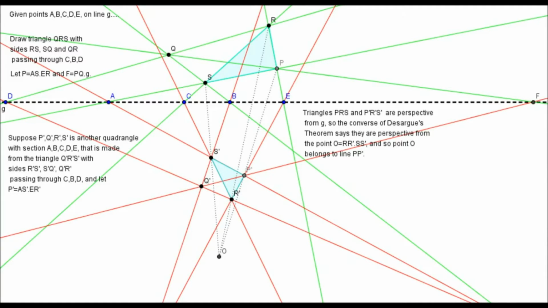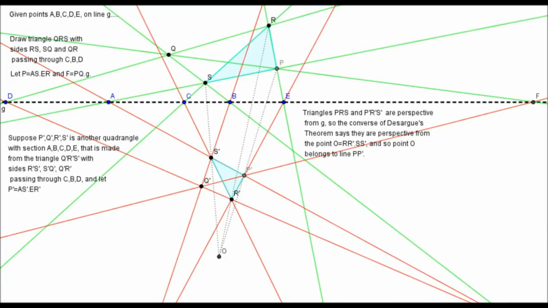If we look at these points PRS, you can see that forms a triangle. We can see that this triangle PRS and P'R'S' are both going to be perspective from this line g.